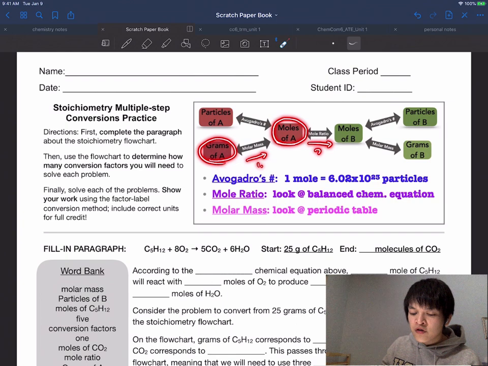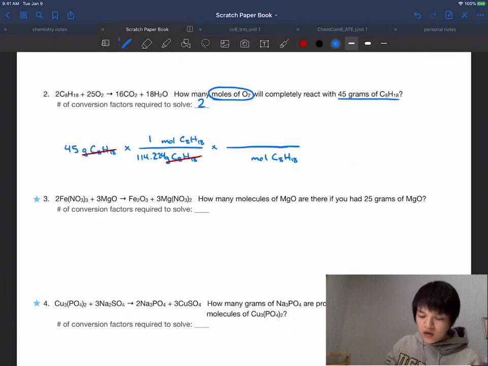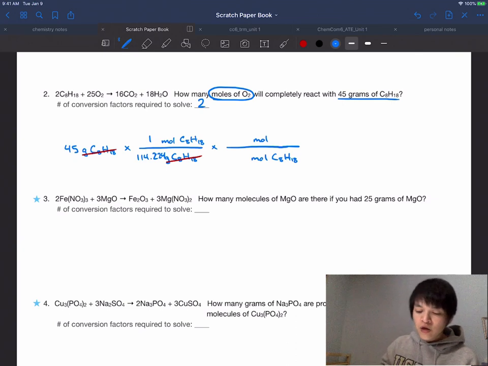In our second conversion factor, we want to convert to moles of our second substance. Our second substance is not C8H18, it's O2. So we're converting to moles of O2.